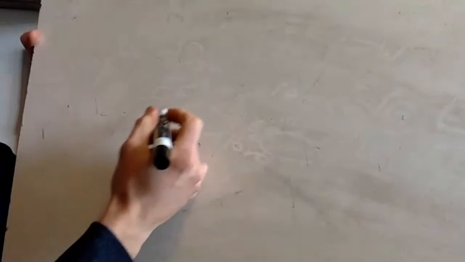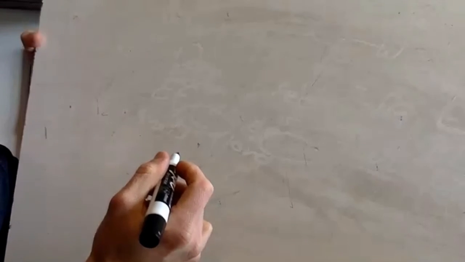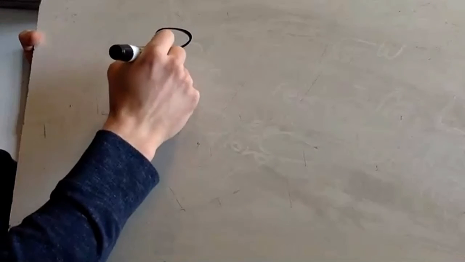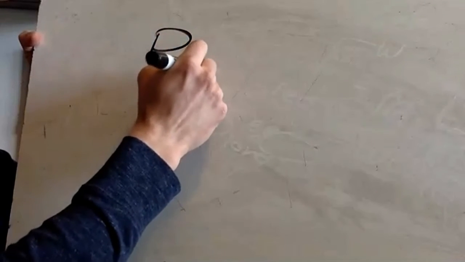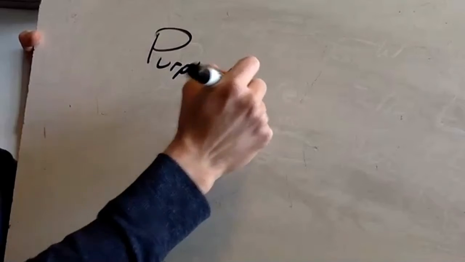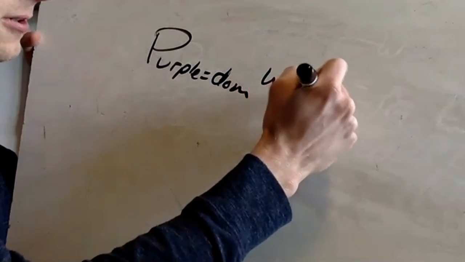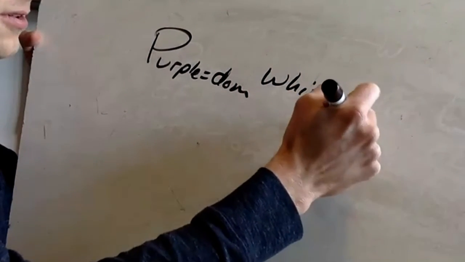Flowers. Let's say that we've got flowers that have petals that are all completely dark purple. All right. I'm going to use black because that's what I got in my hand right now. We'll say purple is dominant. And then we'll say that the white allele is recessive.